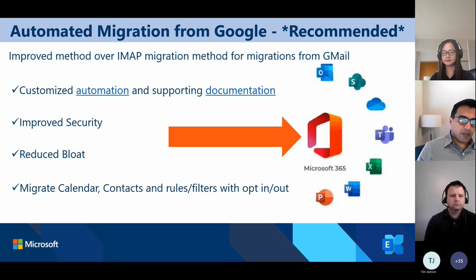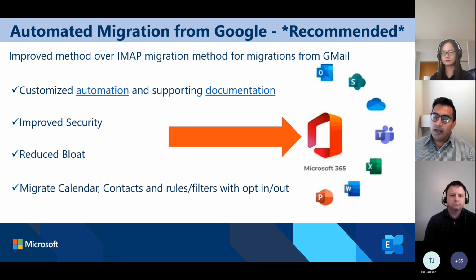Those who are familiar with Google migrations know that Google has labels, Exchange Online has folders. So email to label in Google is one-to-many, but when you migrate, that will end up resulting in multiple copies on Exchange Online unless we take specific actions.